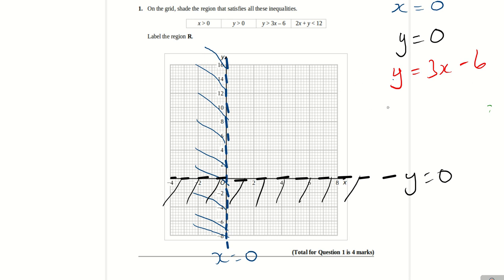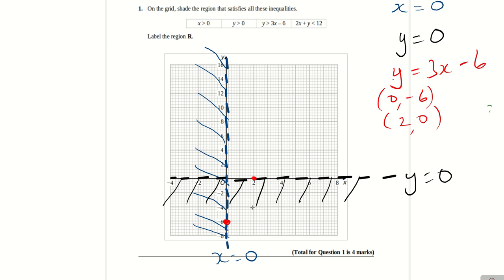It's going to go through the point 0, minus 6, so it's going to go through this point here. Also, when y is 0, x has got to be 2 because 3 times 2 is 6, minus 6 is 0. So it's also going to go through the point 2, 0. Now if we've got 2 points, it's a bit easier to sketch it.